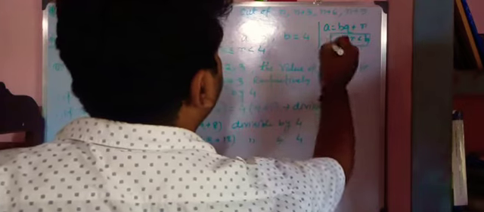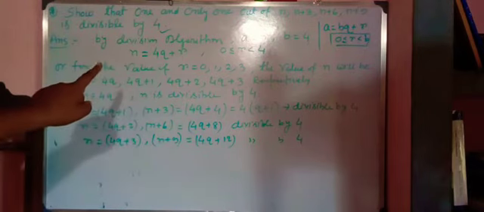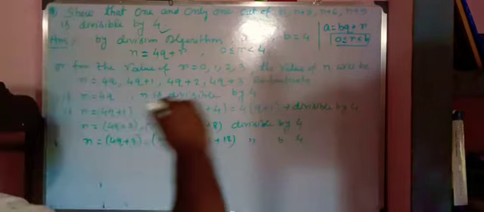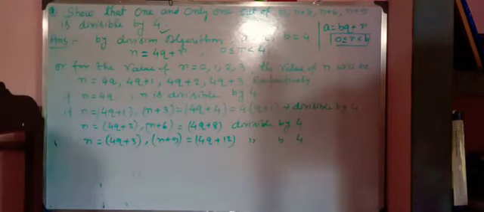That algorithm we apply here, taking b equal to 4 and a equal to n, and we get our respective values. Understood? Let's move to another question. These are some good important questions regarding the real numbers chapter.